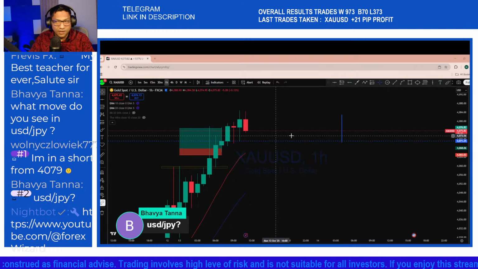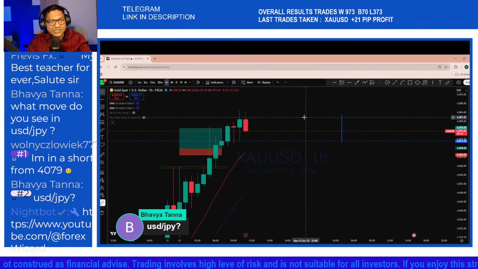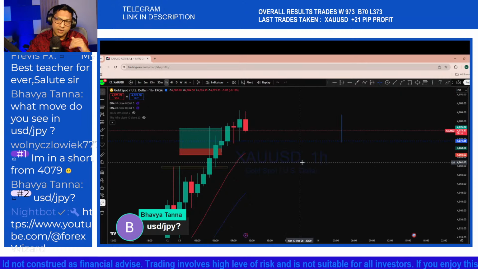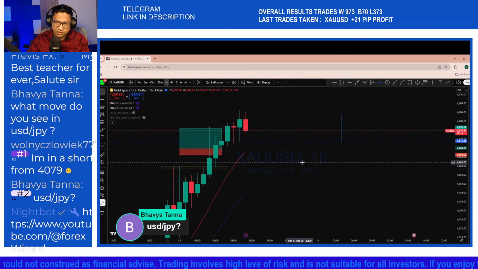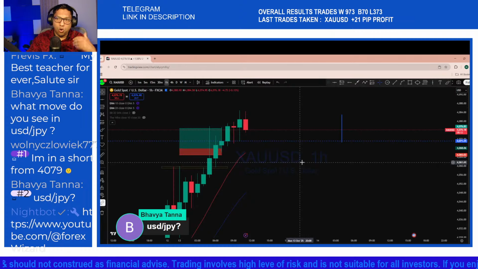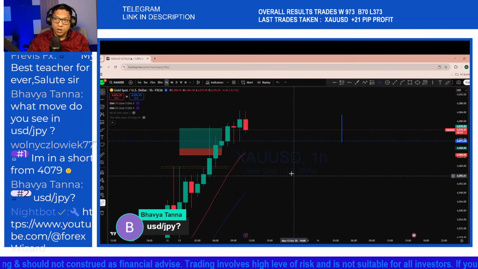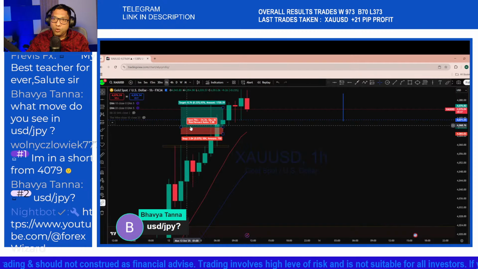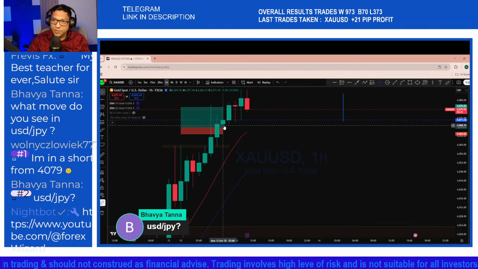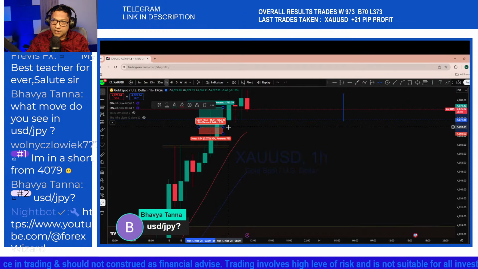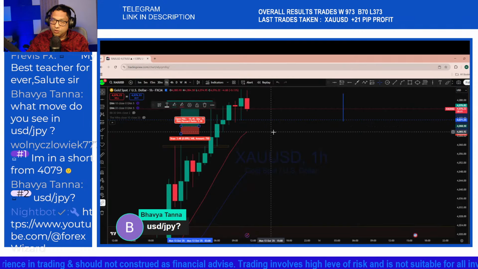I'm not gonna sell. Gold is bullish. We might see some kind of downside or break of structure, but it's a bull market, so you're only looking for bullish setups. Now, this is the candle close and the trade close.